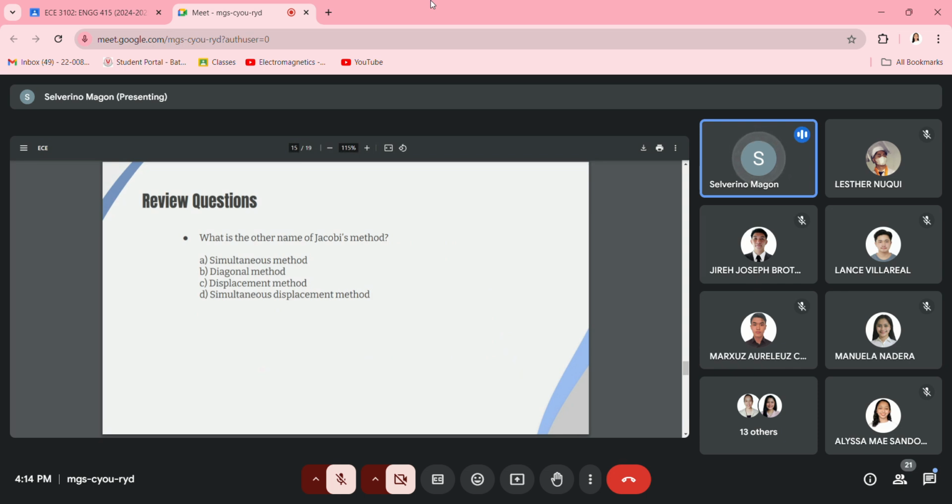And what is the other name for Jacobi's method? Is it the simultaneous method, the diagonal method, the displacement method, or the simultaneous displacement method?